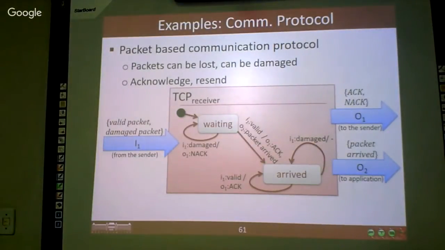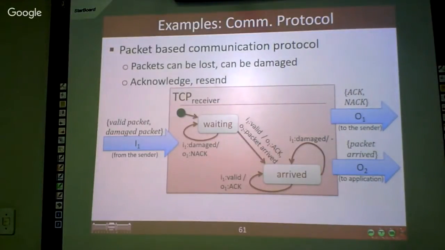So our input is composed of valid or damaged messages that come from the sender, and we can provide the sender an acknowledgement or a NAK message, and to the application we can just show that the packet arrived.